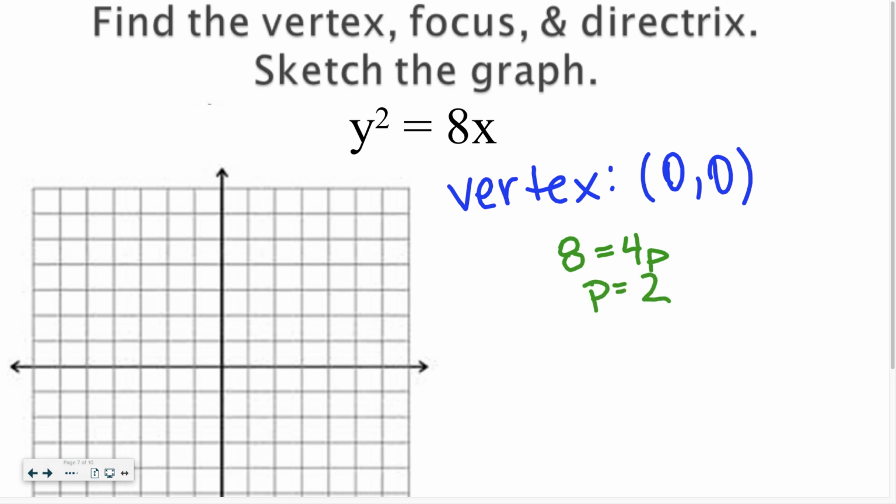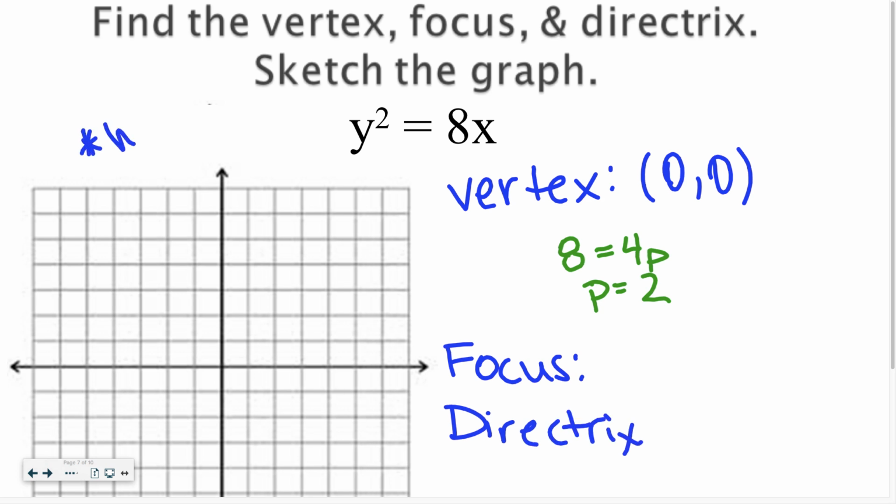P equals 2. So we know that this is going to be opening horizontally. And since P, or 4P, however you would like to view it, is positive, we need to be opening to the right.